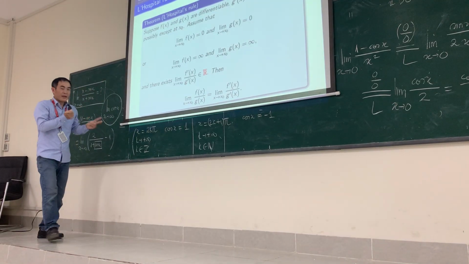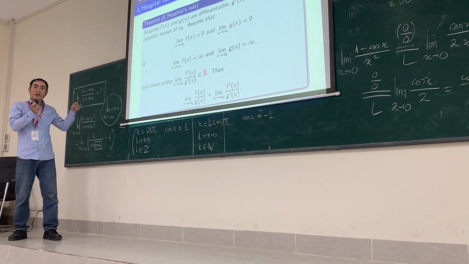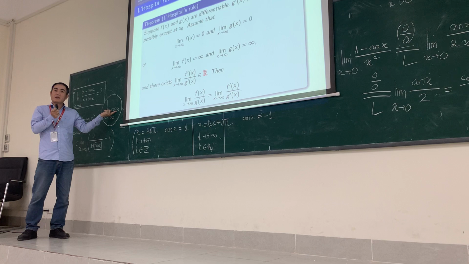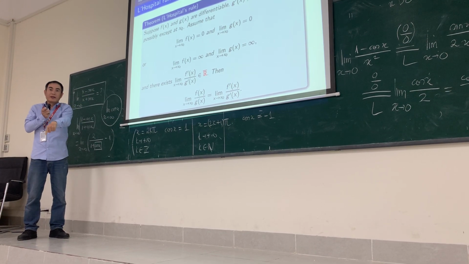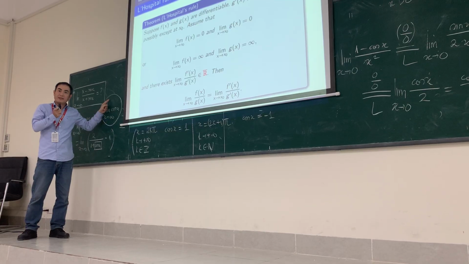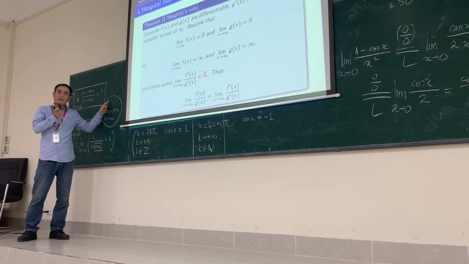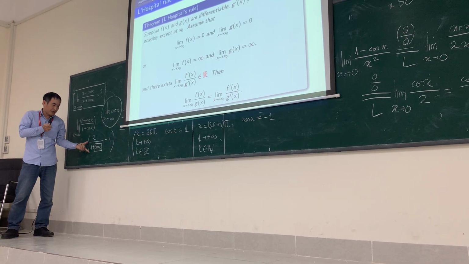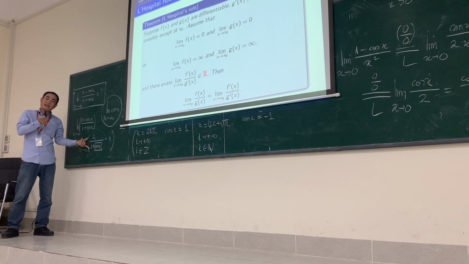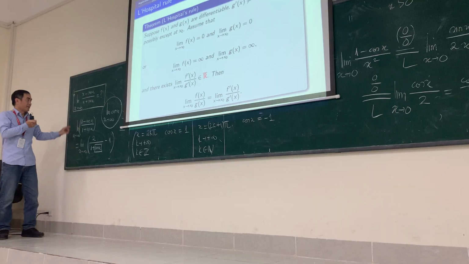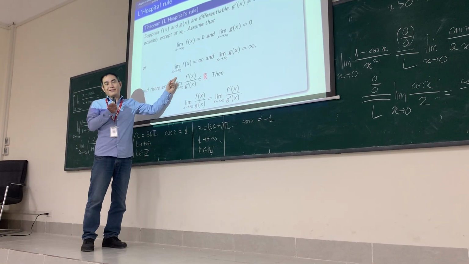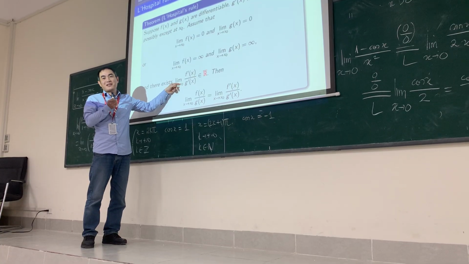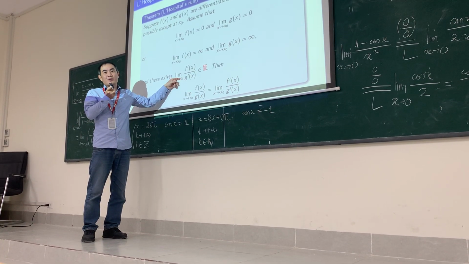So we have two sequences tending to infinity, and the function cosine x tends to two values, 1 and -1. Does that mean the limit doesn't exist? So the limit of f prime over g prime doesn't exist. Unfortunately, we cannot apply L'Hôpital's rule with this example.